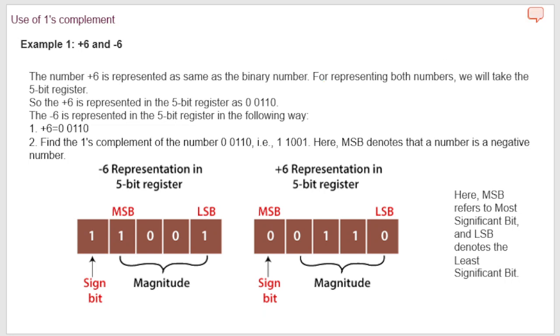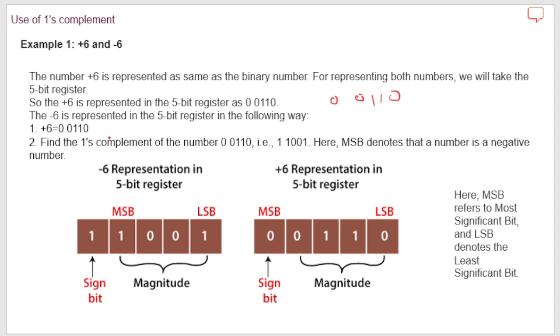Let's take an example of this: plus 6 and minus 6. The number plus 6 is represented as binary, the same as the binary number. For representing both numbers, we will take a 5-bit register. So plus 6 represented in a 5-bit register is 0 0 1 1 0.